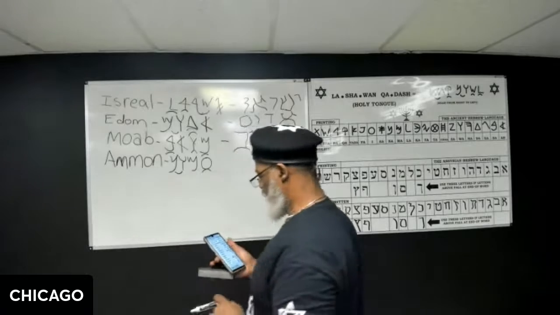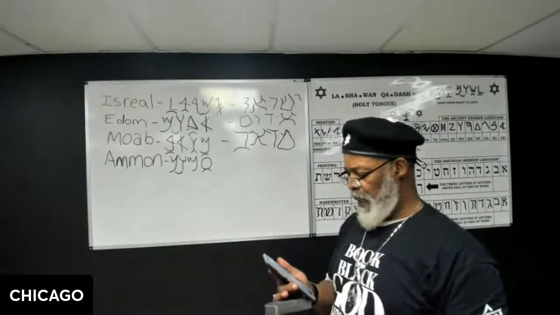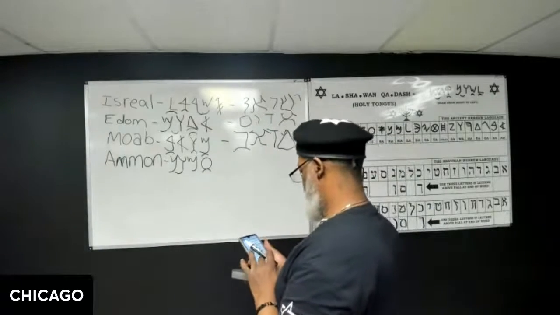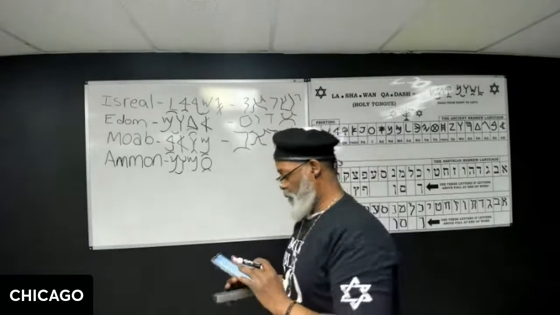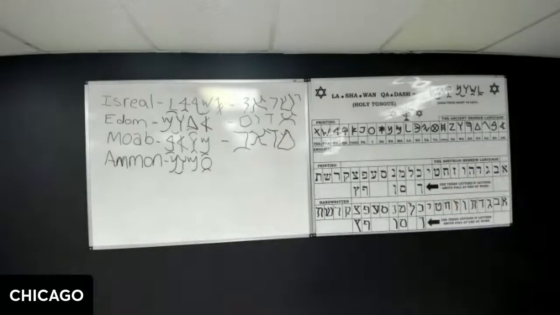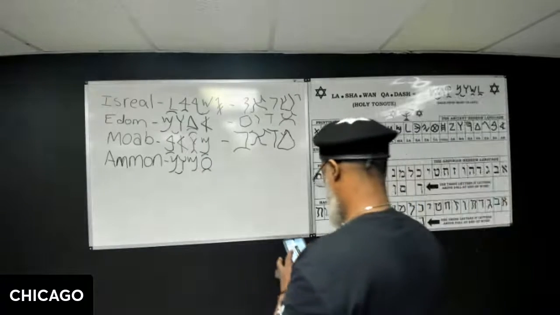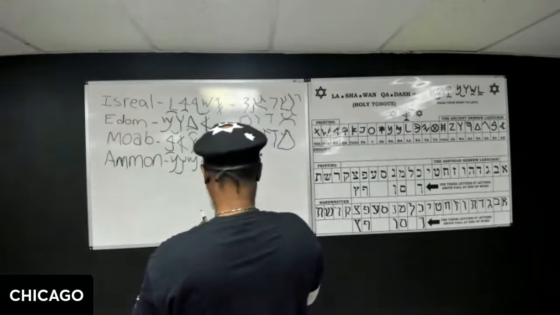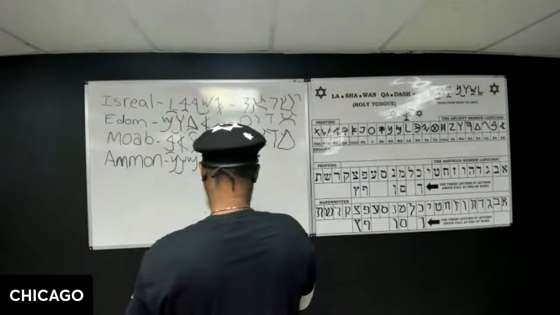Okay, so far we have Israel, Edom, Moab, and Ammon in the ancient and Assyrian lettering. Ammon. Now we'll do it in the Assyrian.